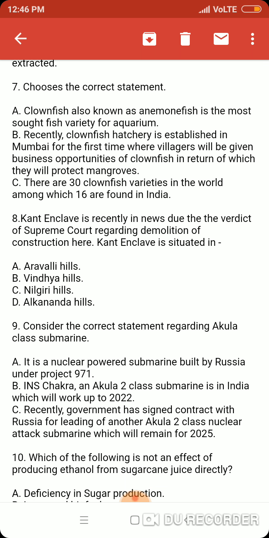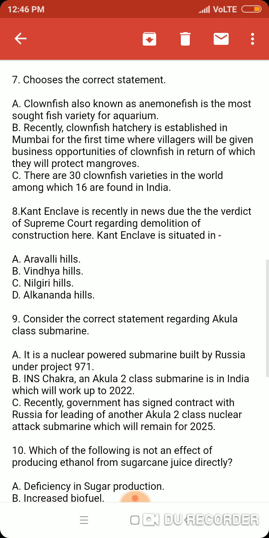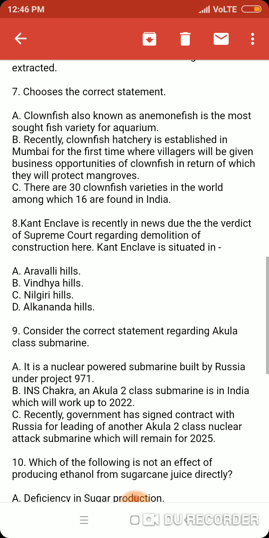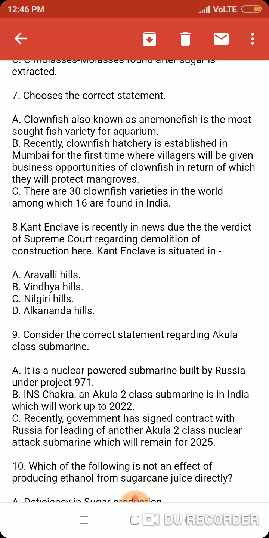Recently, a hatchery has been established in Mumbai for producing clownfish. For your information, clownfish is a very attractive species of fish which is placed in aquariums, and it has a high demand across the world. So option A is correct.